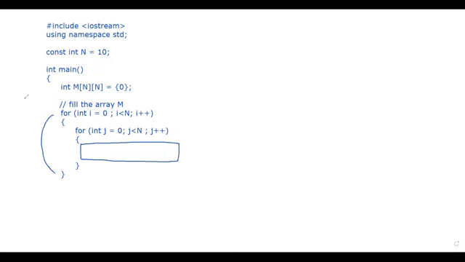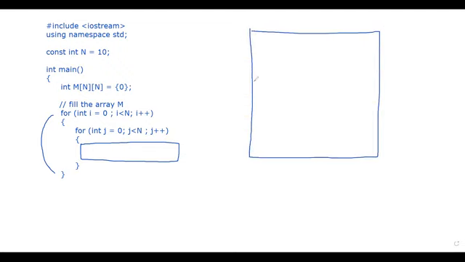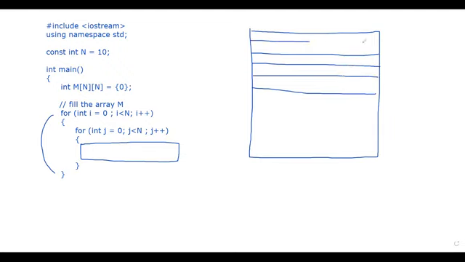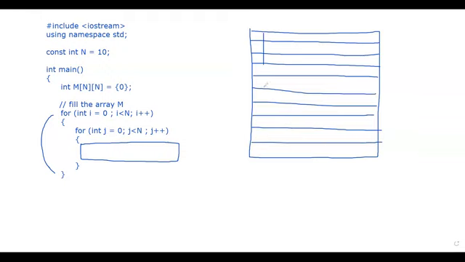It means that I want to make a 10 by 10 space for the multiplication table. So there are 10 lines like this, and there are 10 columns, right? Like this, 0, 1, 2, it goes this way, 0, 1, 2.